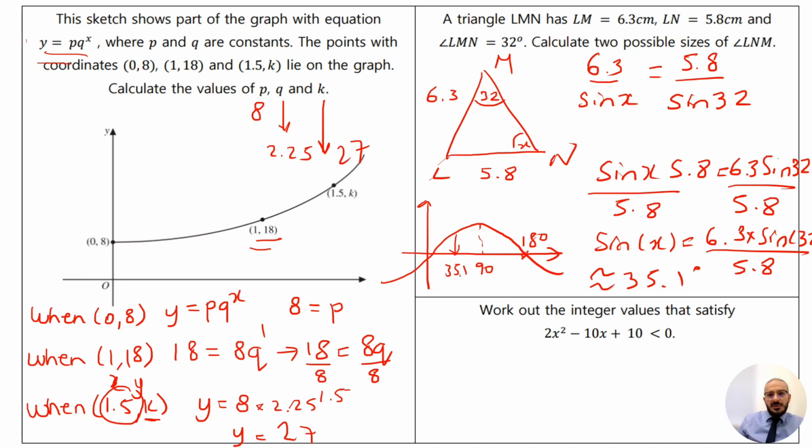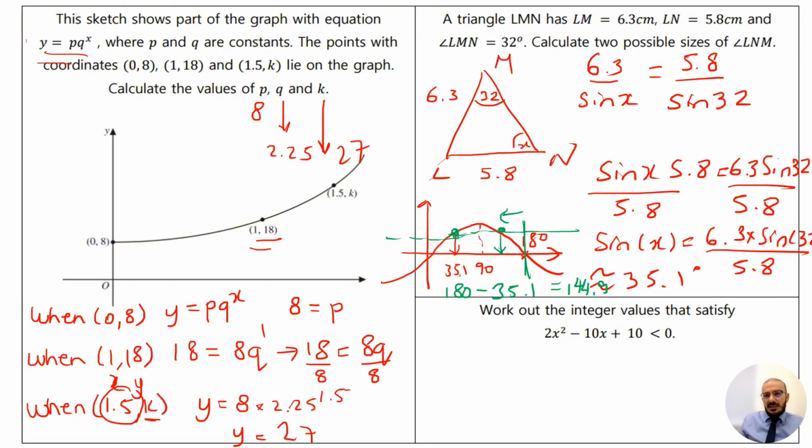The next option, because imagine your possible values are along here, intersecting at these 2 points. So these are the points that we are looking for. This bit here is actually 180, and I need to take away 35.1 from it. So 180 take away 35.1 is going to give us 144.9. There you go.